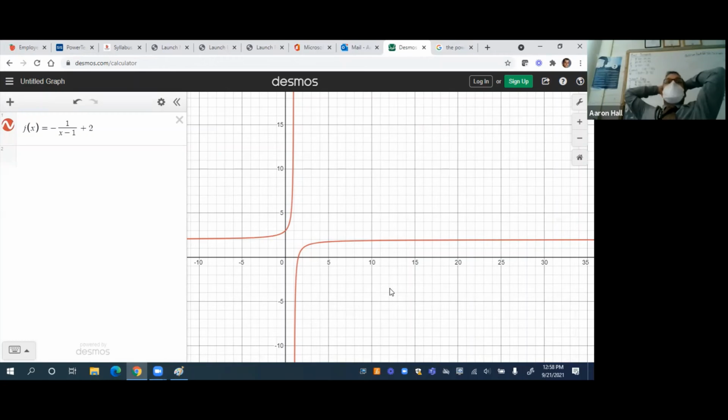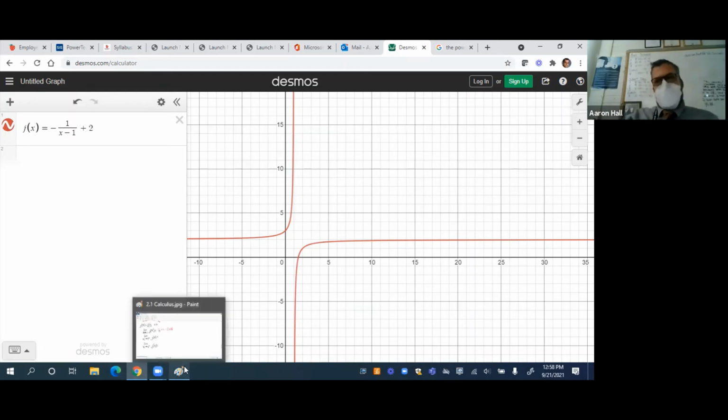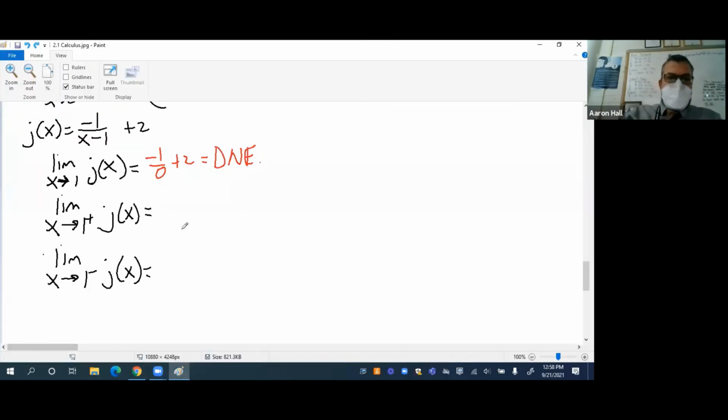What's that? Negative infinity. We're approaching some negative huge number, or small number, I guess, in that case. So the answer to that is negative infinity.